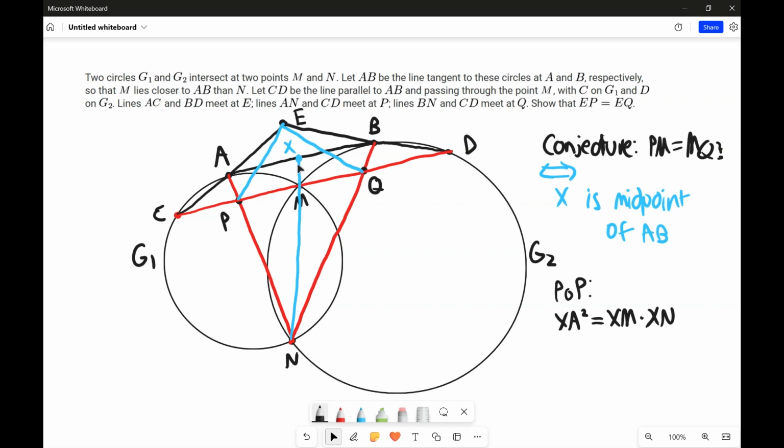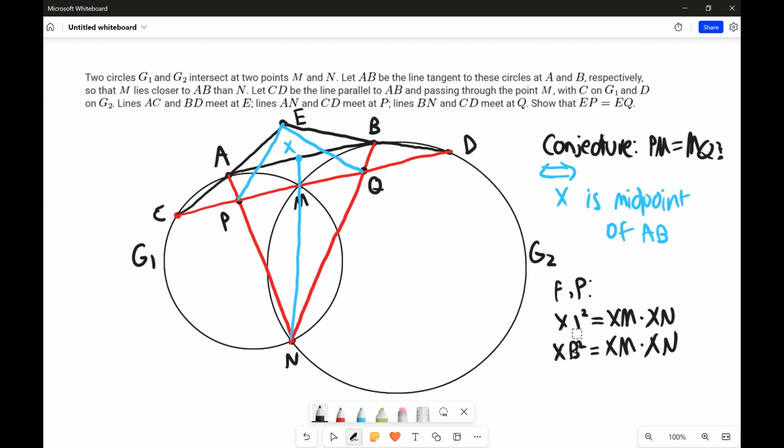However, XB squared is equal to XM times XN as well, by power of a point on G2. Therefore, XA squared is equal to XB squared, so XA is equal to XB.